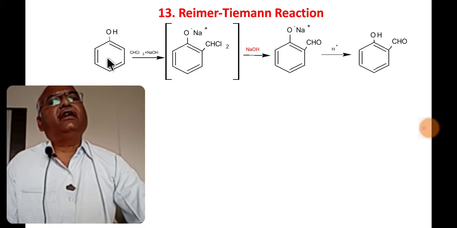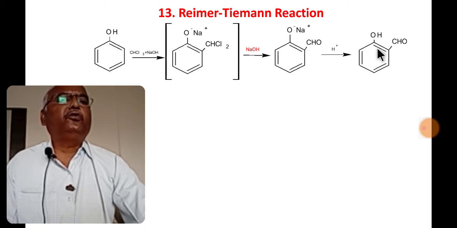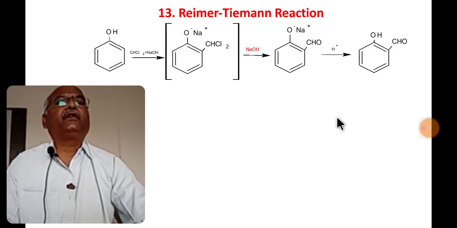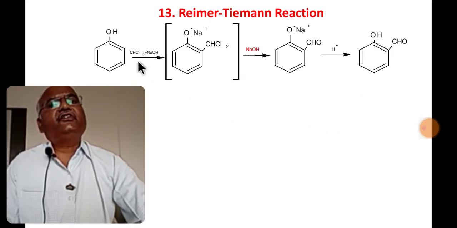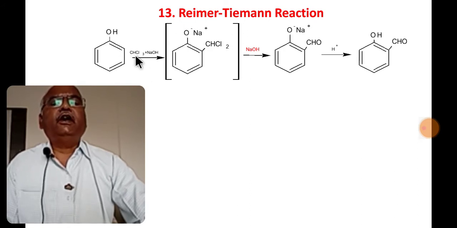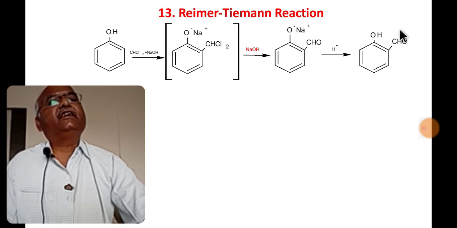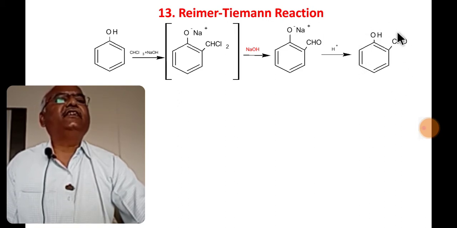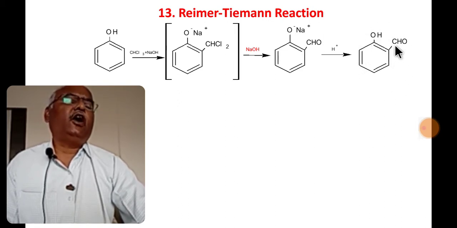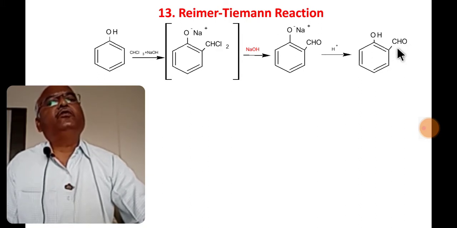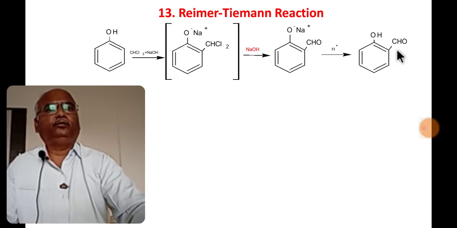So for the conversion of phenol into salicylaldehyde, Reimer-Tiemann reaction is used. Instead of chloroform, if we use carbon tetrachloride, then salicylic acid is the product. Instead of CHO group, there will be COOH group.